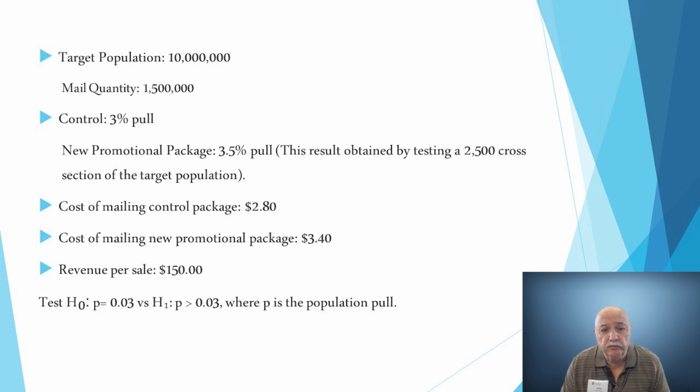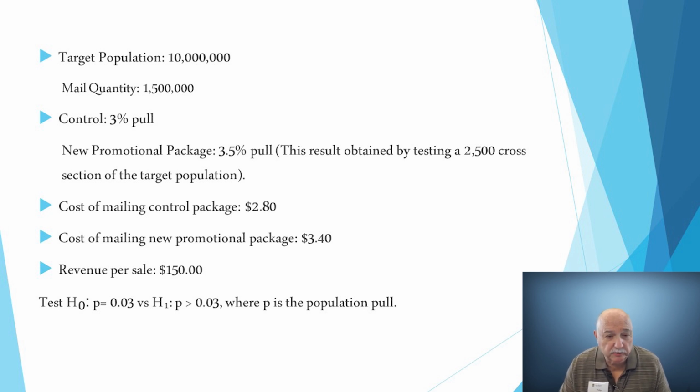We've come up with a new promotional package which is felt will generate a 3.5% pull. And we've gotten this result by randomly selecting 2,500 prospects from our target population and actually mailing them the new promotional package. And we find that the response rate is 3.5%.